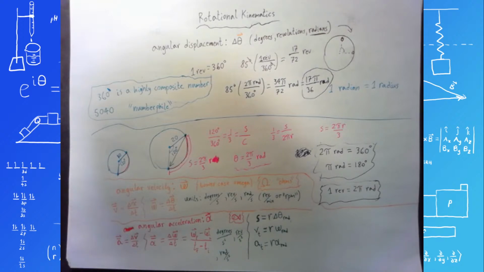Radians are just kind of, I guess I would call them blank units. Radians are basically kind of like a proportion, or not even a proportion. They're kind of like a friction coefficient.